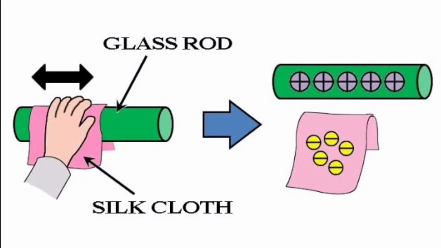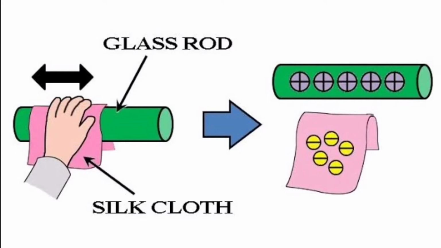Actually, here there is no negatively or positively charged body as such. For our convention, we consider that if a body has an excess of electrons, it is treated as a negatively charged body, and if a body has a deficiency of electrons, it is treated as a positively charged body.